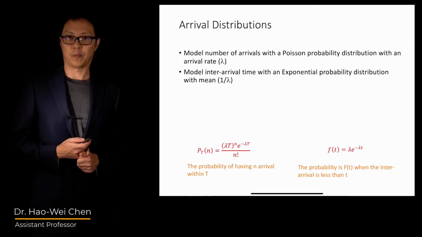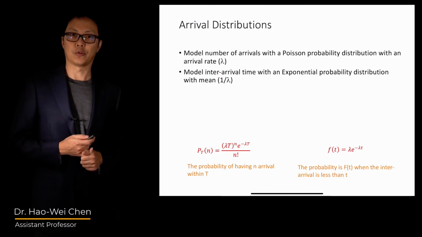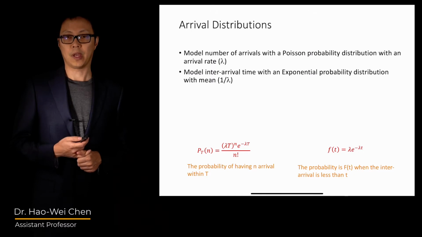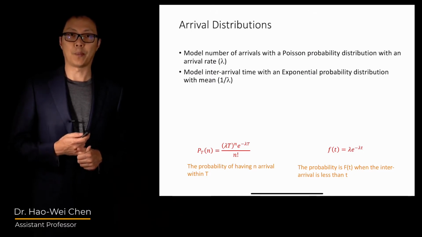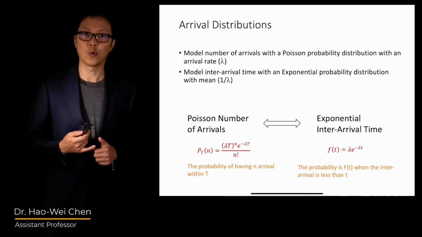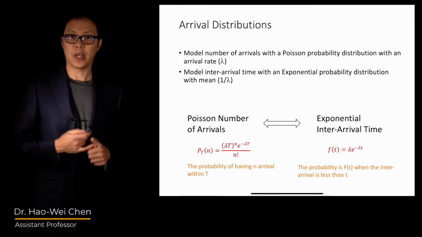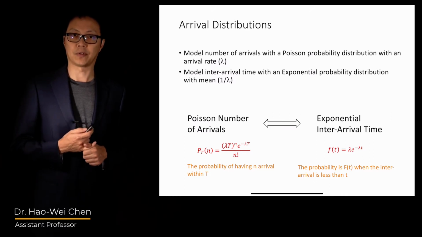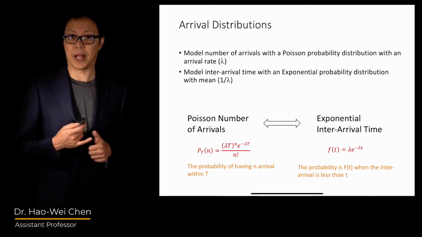Speaking of arrivals, one of the most commonly used arrival distributions is the Poisson distribution. It can be defined with one parameter, which we often call lambda. When we have Poisson arrivals, it means that the number of arrivals will follow a Poisson distribution with arrival rate lambda.